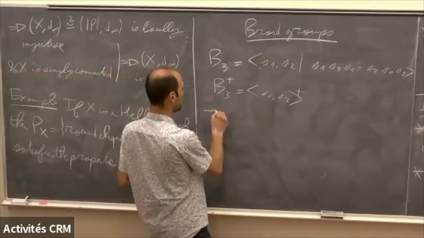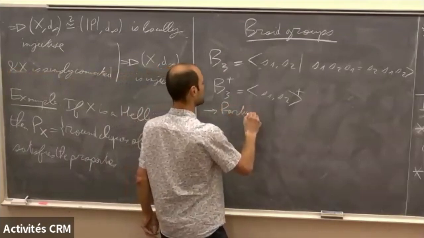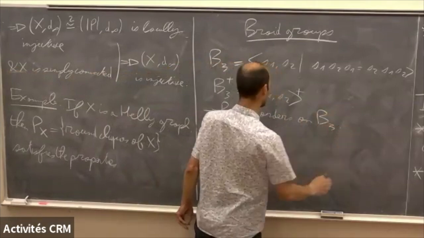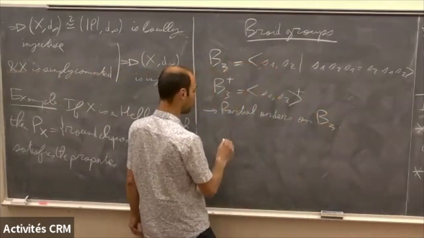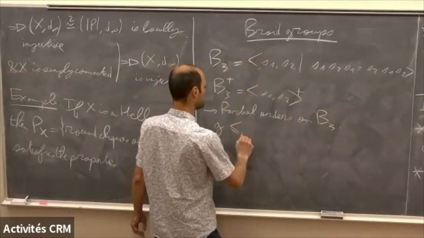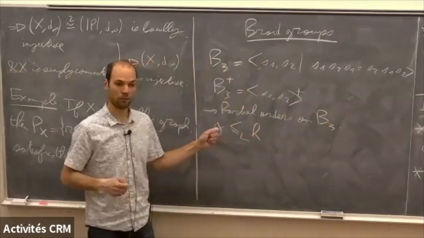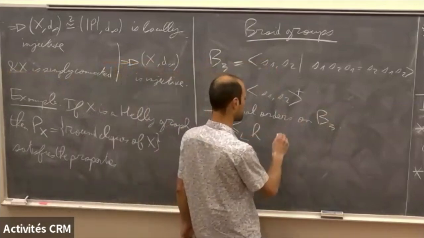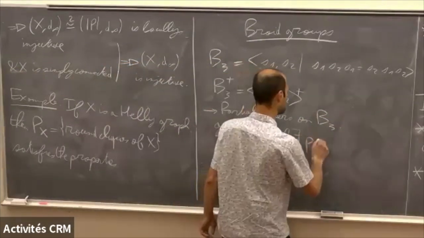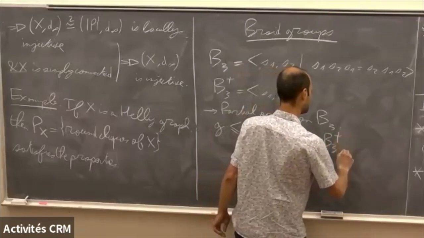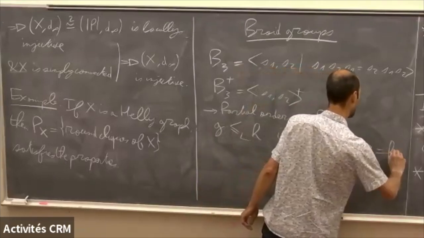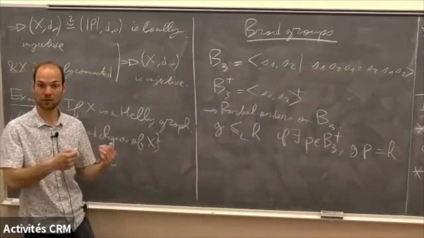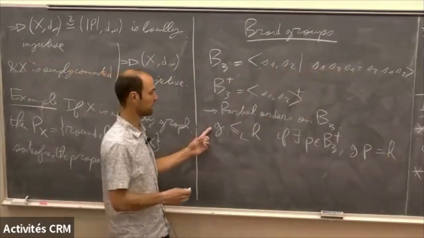And then there are partial orders on the braid group. There are, in fact, 2 orders. The left order: we say that a braid G is left smaller than another one H if it is a prefix, if there exists a positive braid P such that GP is equal to H. It's called left because it's left invariant under translation.